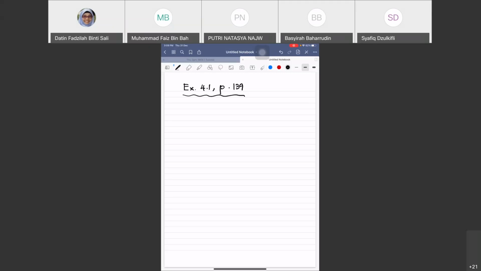For exercise 4.1, basically the question is asking you to simplify or evaluate the expression on I to power. So you have two questions, A and B. One is I power 13. Another one is 2I squared plus 3I power 9.